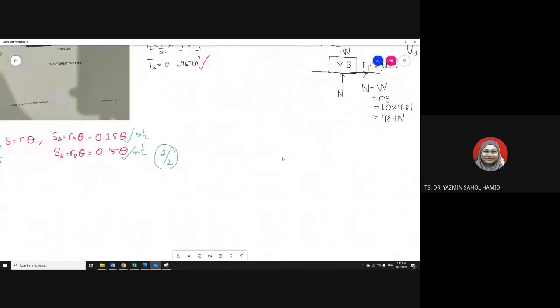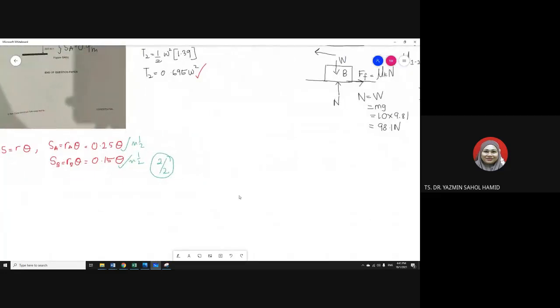Now, if we go back here, how to find SB? SA is 0.9 meters. So SB, the formula is 0.15 theta.